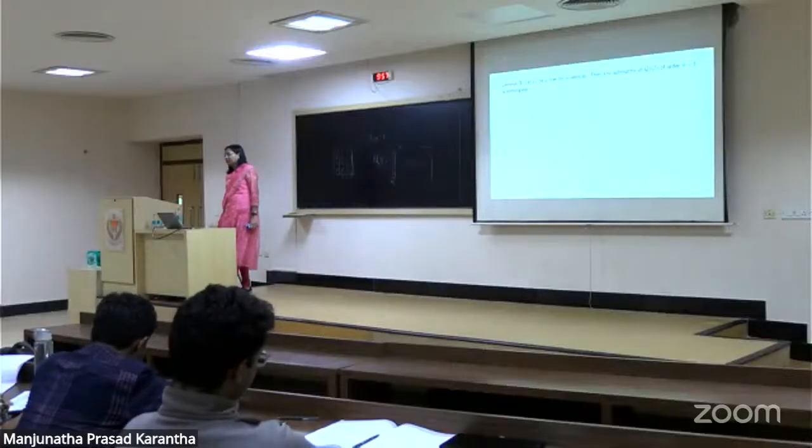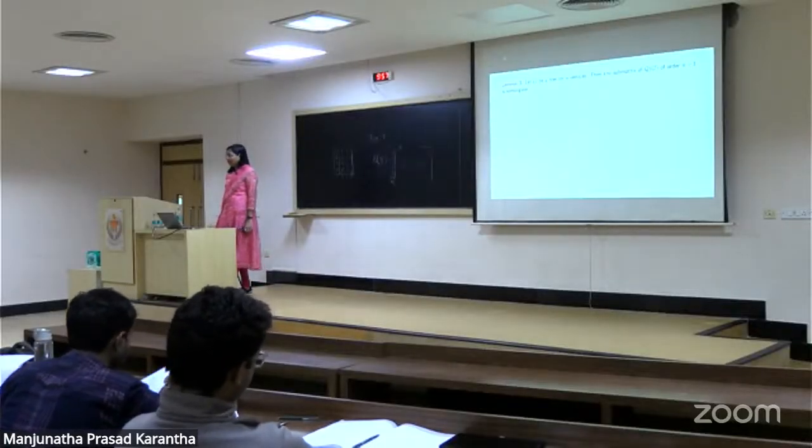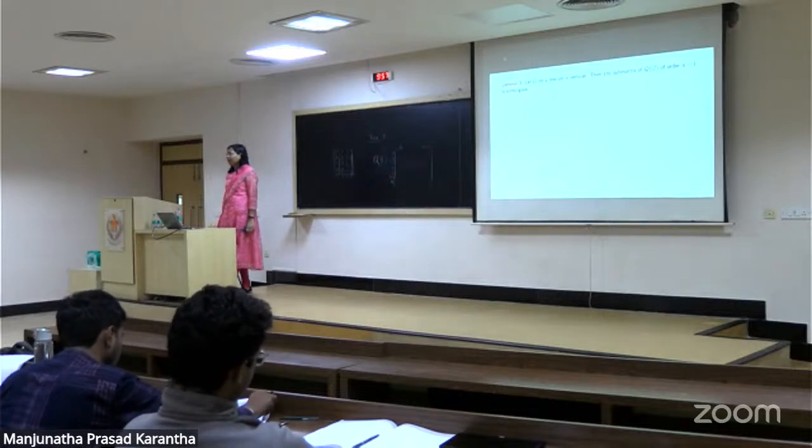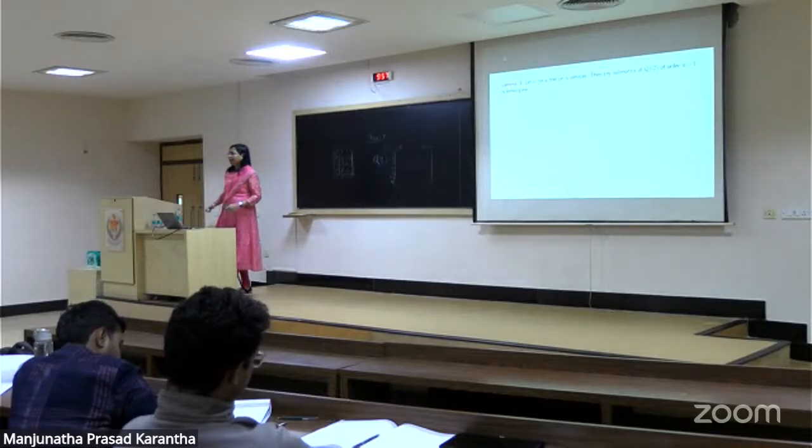What the result is saying is, if you choose any submatrix of order n minus 1, that means you need to delete one row, then it becomes nonzero.